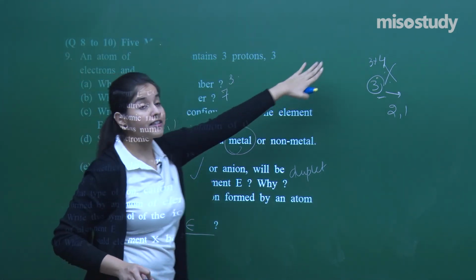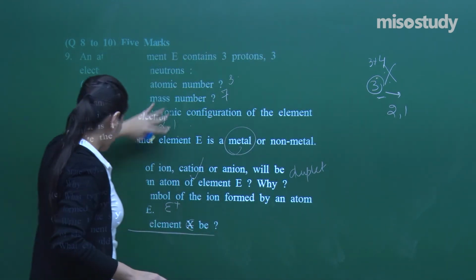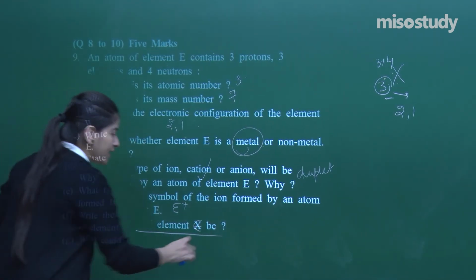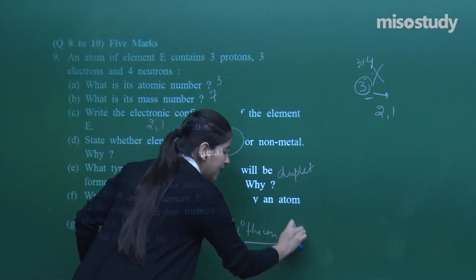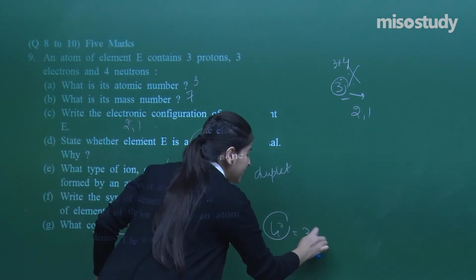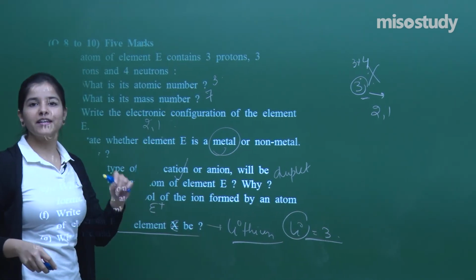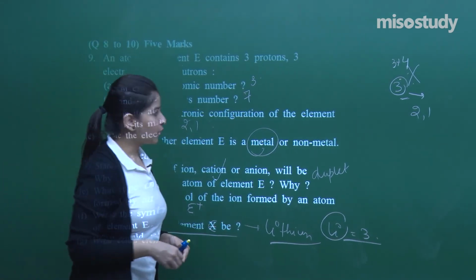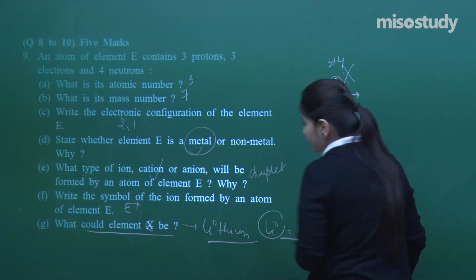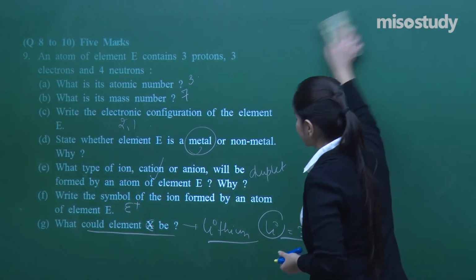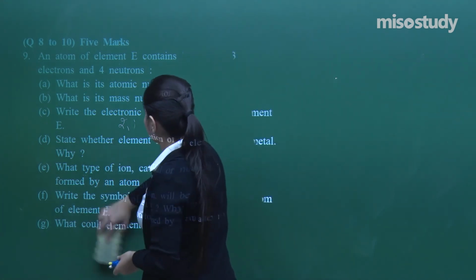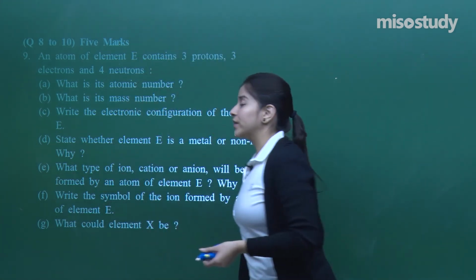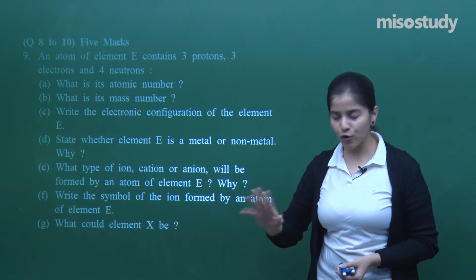So this E element will be lithium, Li, having 3 electrons and an electronic configuration 2, 1. Got it? Fine. So that was question number 9, a 5-mark question, and it was pretty easy. You can very easily and quickly perform this question and will get full marks.